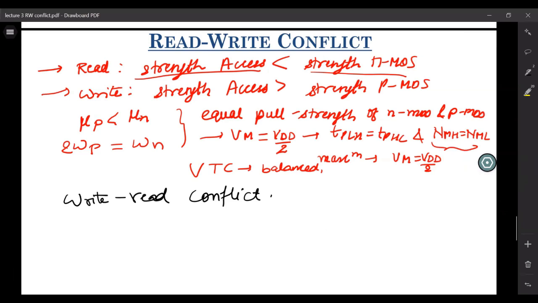So at the same time, for a good read or non-destructive read, you want the strength of your access transistor to be lower than the strength of NMOS. And for a good write ability, you want the strength of the access transistor to be greater than the strength of the PMOS.